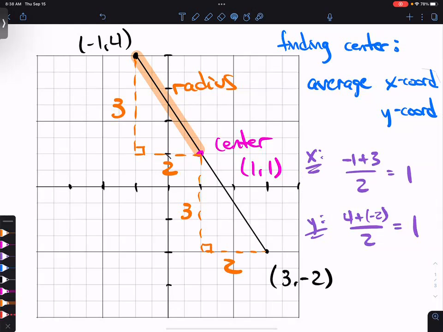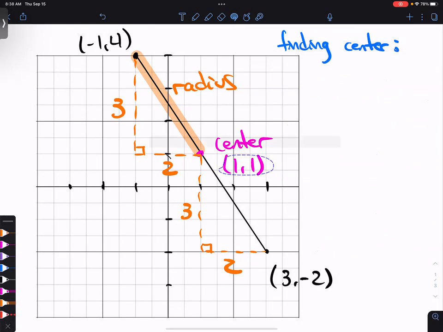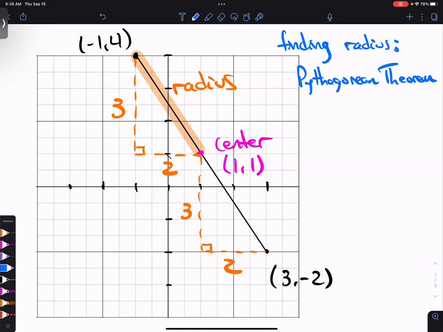Let's get rid of this stuff. Finding the radius. We're going to use the Pythagorean theorem, which says the square of the hypotenuse is equal to the sum of the squares of the other sides.